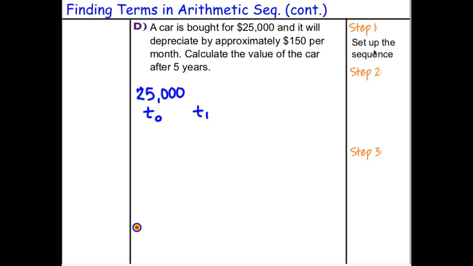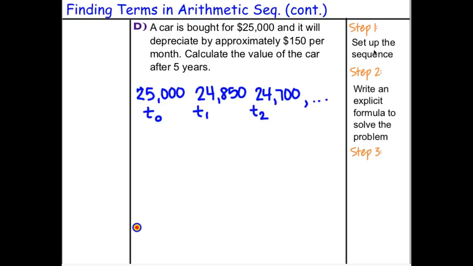After 1 month, the car will depreciate by $150, which will be $24,850. Then after 2 months, we depreciate another $150, and you have $24,700. So then we keep going.